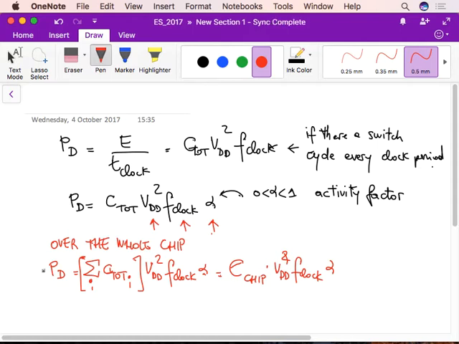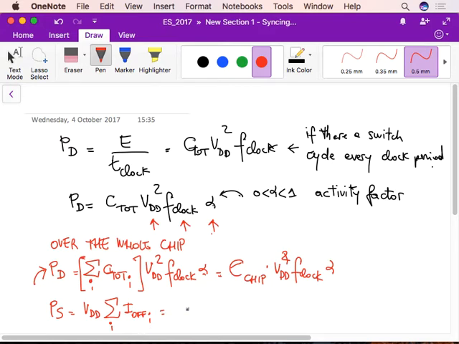Now, this is the average dynamic power consumption. We have already computed the average static power consumption, because for the whole chip, what you have is VDD times a sum of the off currents on all the logic gates.